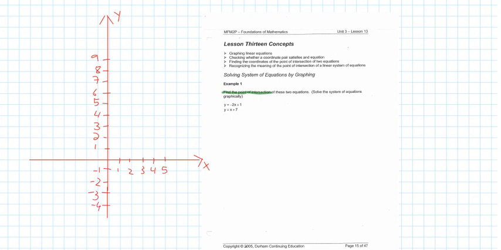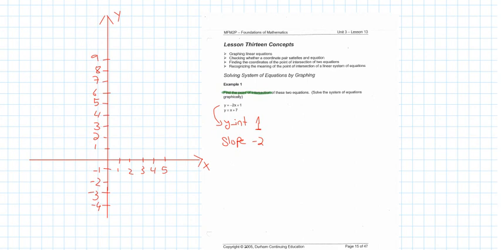To graph the first one, the y-intercept is 1 and the slope is -2. So locate the y-intercept. The y-intercept is 1. Where would that be? Here?